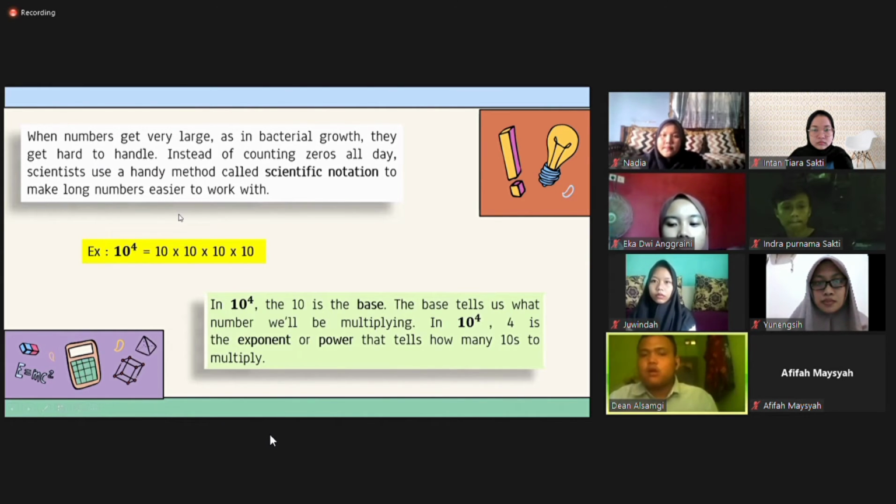Instead of counting zeros all day, scientists use a handy method called scientific notation to make long numbers easier to work with. Example, 10 to the power of 4 is equal to 10 multiplied by 10 multiplied by 10 multiplied by 10.